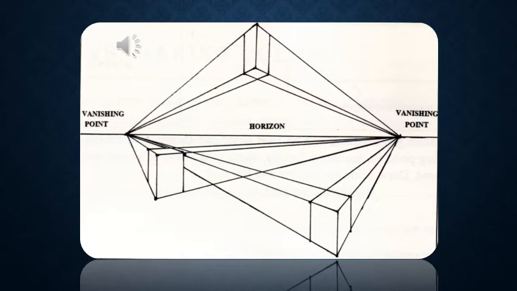Basically, we can have objects near to one vanishing point or far from one vanishing point, and that can be created in the middle of the sheet. But we try not to have it in the middle of the sheet. The horizontal line should not be in the extreme middle of the sheet.